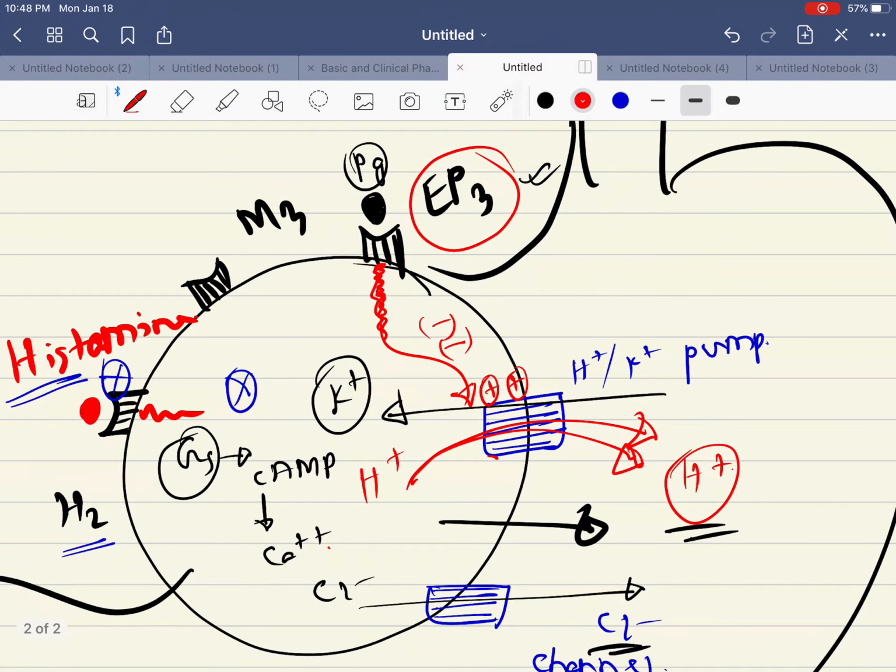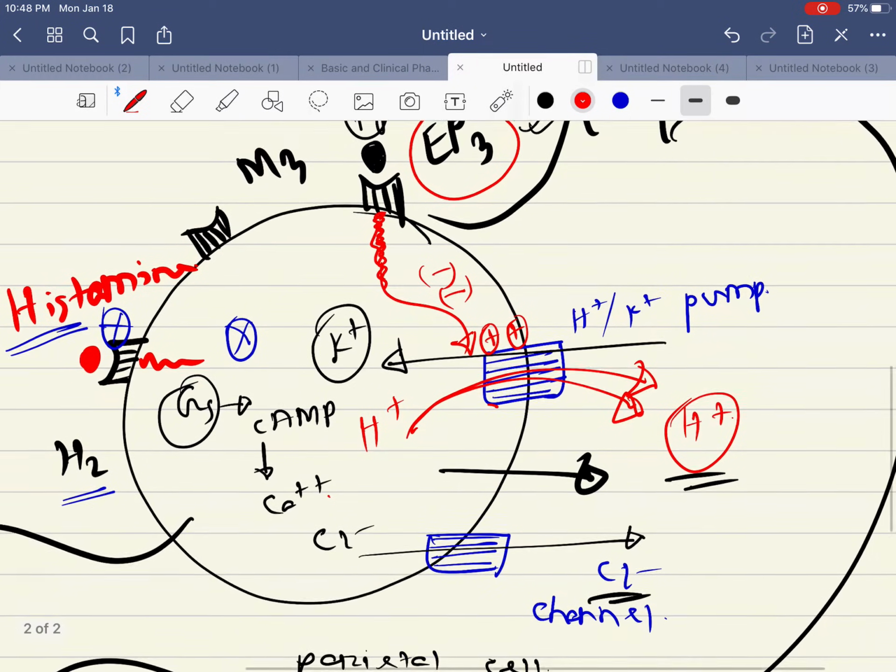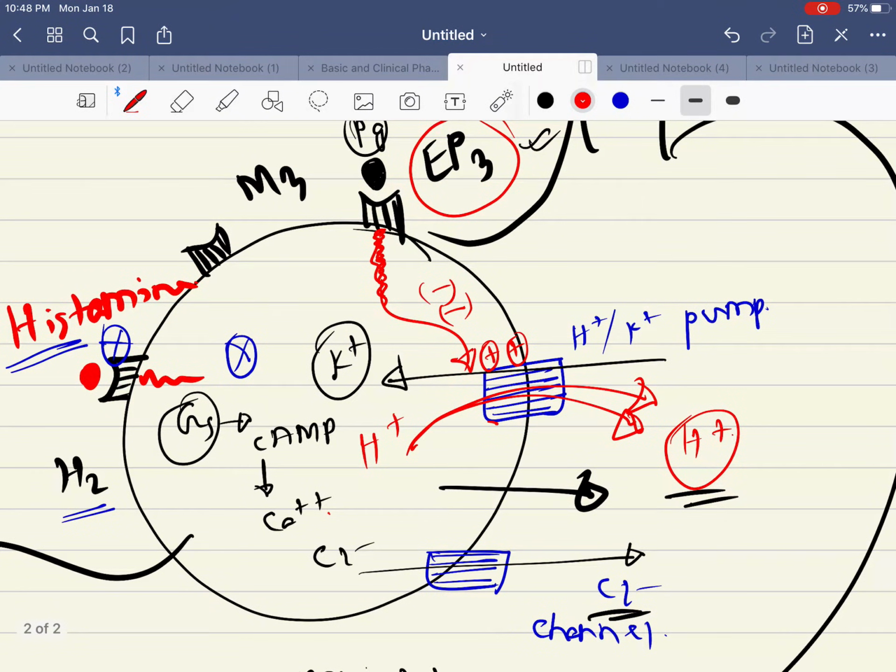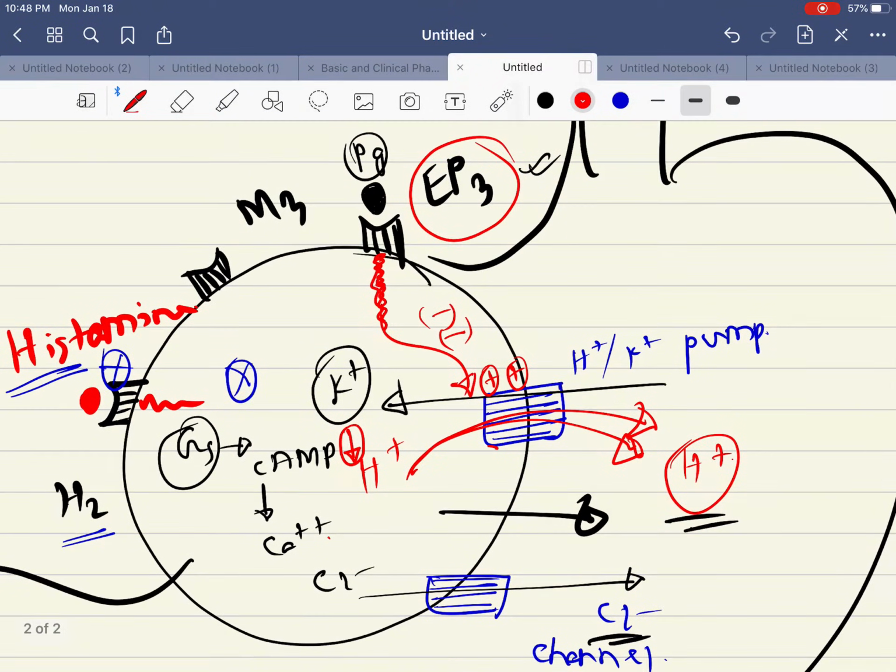How does it do this? Actually, the EP3 receptors decrease the cyclic AMP. If cyclic AMP decreases, the proton pump, or hydrogen potassium pump, will be inhibited, because increased cyclic AMP activates this proton pump.